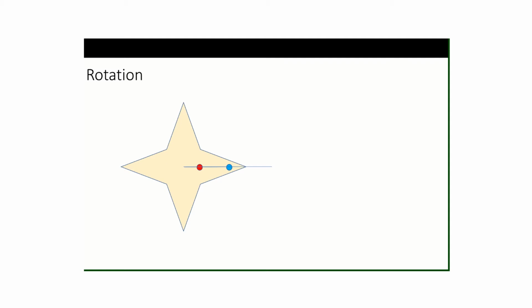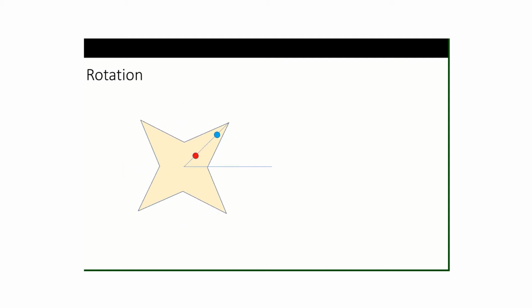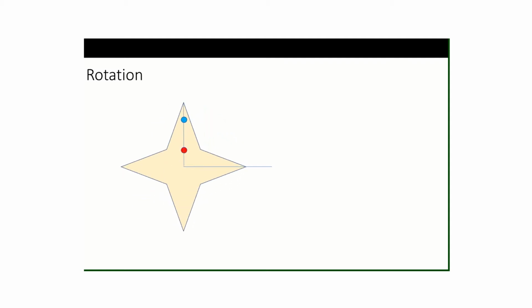Let's have a look at just a quarter of a turn. Here's a quarter of a turn. Now you will have noticed that the blue dot moved around that angle, but if we look at the red one, it only moved around that distance. And you can see that the distance moved is different.